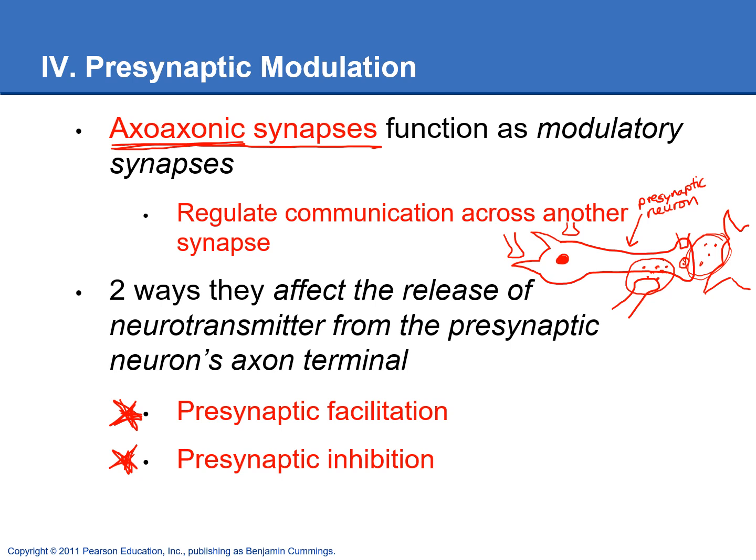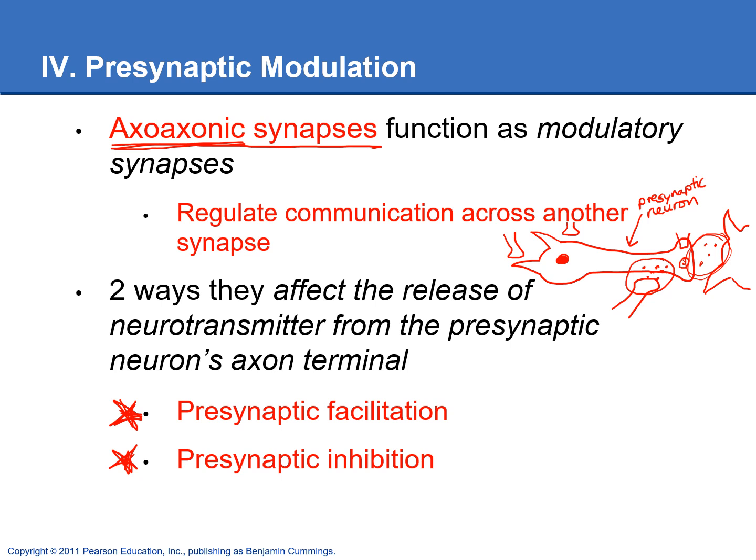And so if you're releasing less neurotransmitter, you're going to create a smaller EPSP, and then you're not as likely to reach threshold and not as likely to generate an action potential and send the signal on. So that would be inhibitory.